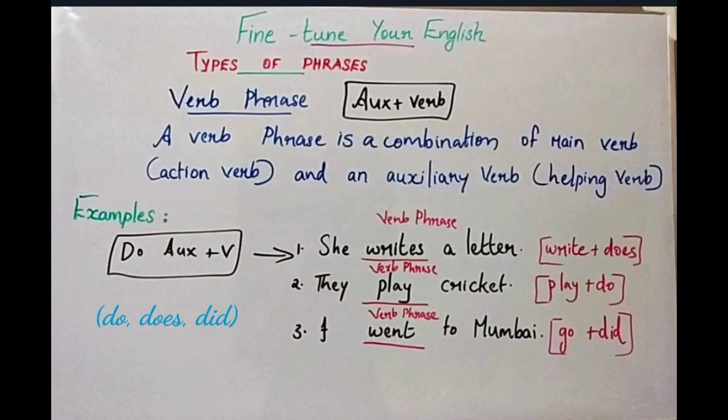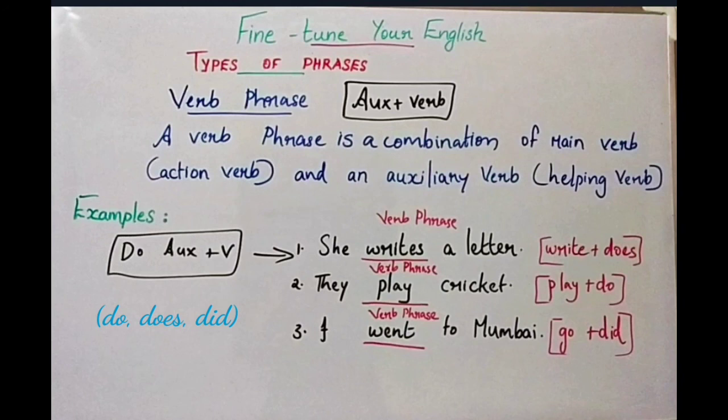See the examples. She writes a letter. In this sentence, writes is a verb phrase. It is a combination of does plus write. Does plus write is writes. Then second one, they play cricket. Here play is the verb phrase and it is a combination of do plus play. Do plus play is play itself.